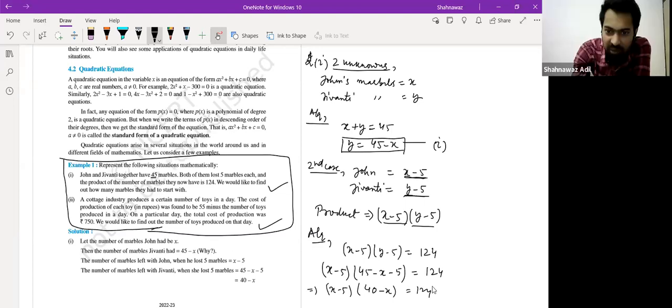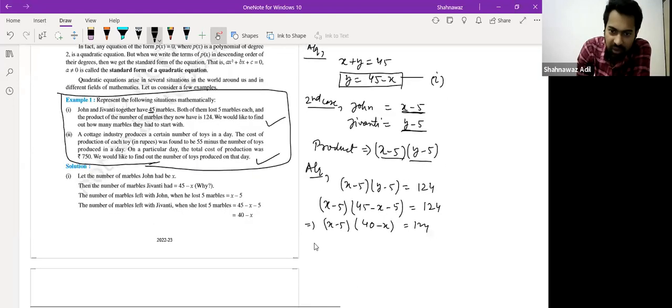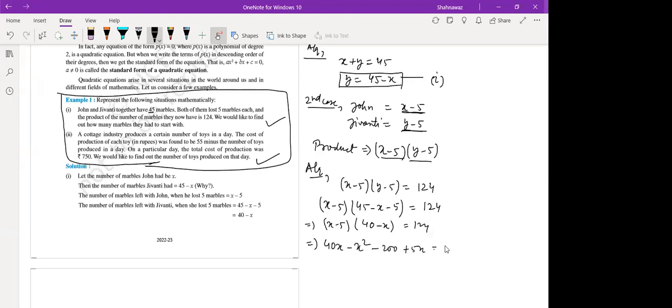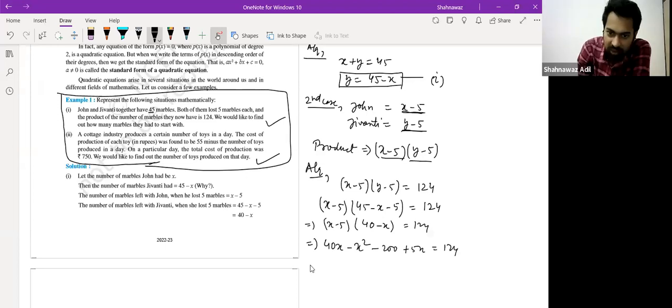Now we have to just simplify. So this would be 40X, minus X squared, 5 fours are 200, and plus 5X. Right, so 124. So this would be 40 plus 5, 45X, minus X squared minus 200.